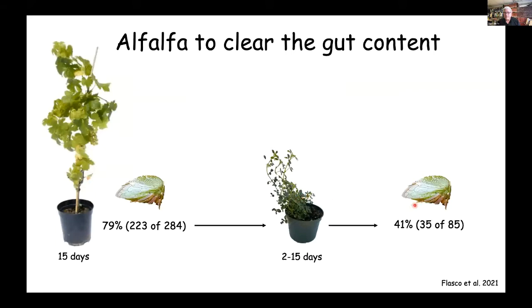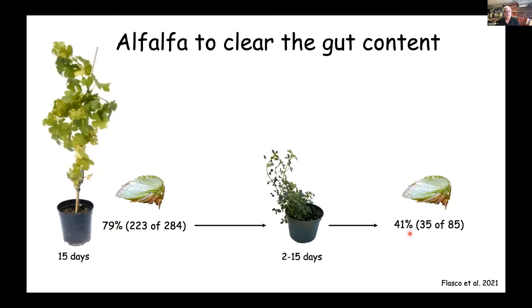And this is what happens here, where you see that the proportion of insects that were exposed and tested positive for virus dropped basically from 80% to 40%.